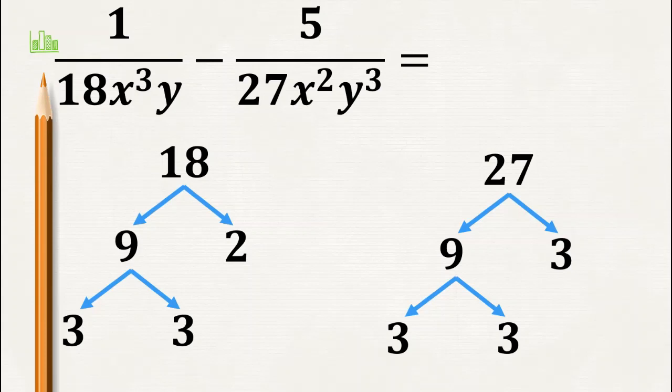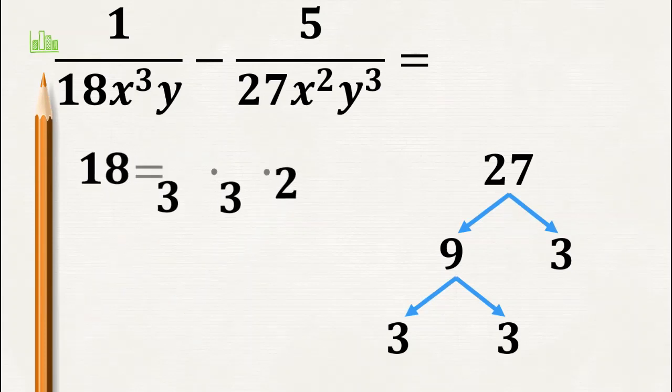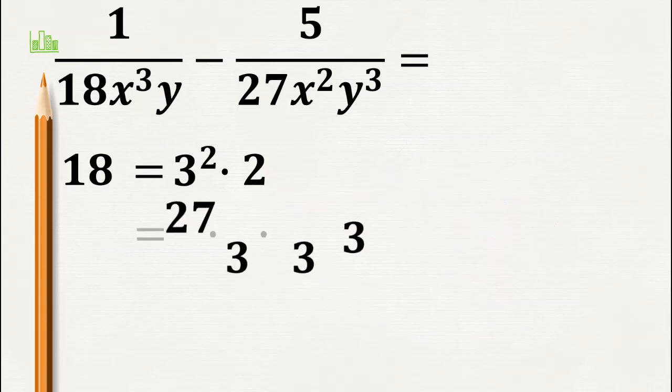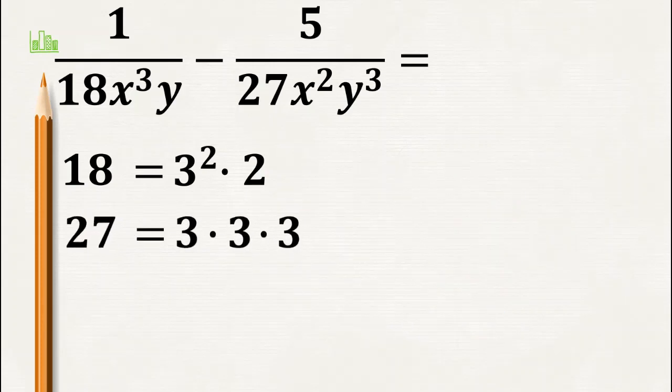So 18 has 3 times 3 times 2, or we can write 3 times 3 as 3 squared. So 18 will have 3 squared times 2. Next, we have 27. Prime factors are 3 times 3 times 3, or we can simply write 3 times 3 times 3 as 3 cubed.